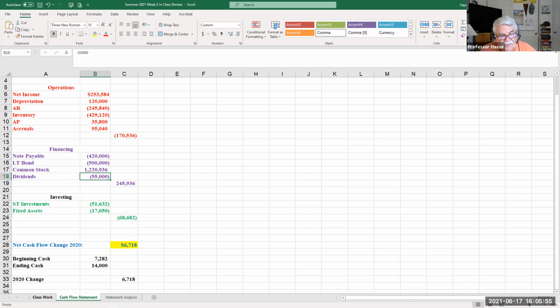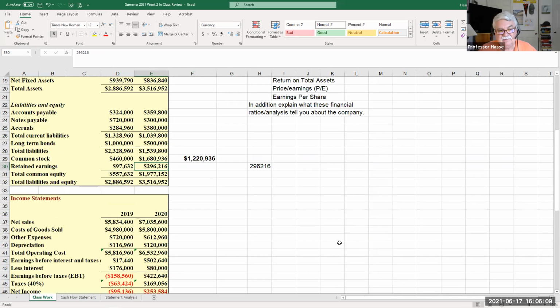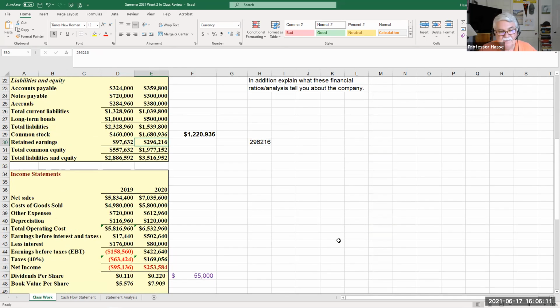Now that we have these two bits of information, net income and dividends, we now know how much additional money was added to retained earnings. Remember when we close the books of a company from your accounting days? You close out all revenue and expense and dividend accounts to retained earnings.